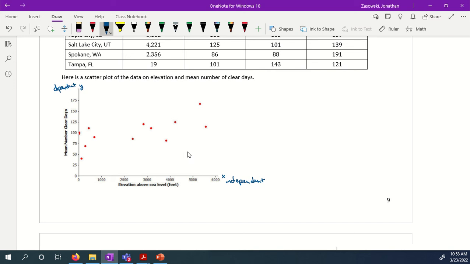The big thing with scatter plots is, if you are going to create a scatter plot, and we'll do this together tomorrow, we want to make sure we label our axes, that we are creating a scale for each variable, and then we are graphing the points and then identifying any pattern here.